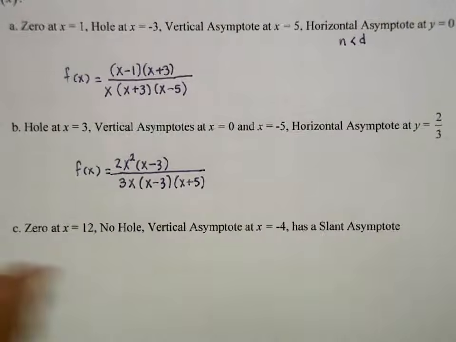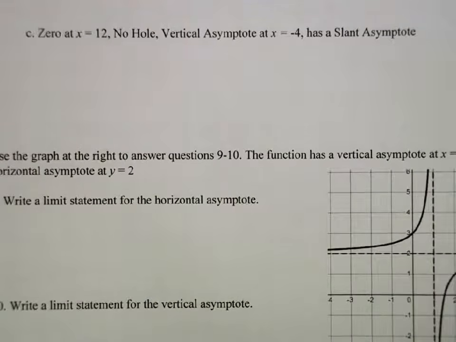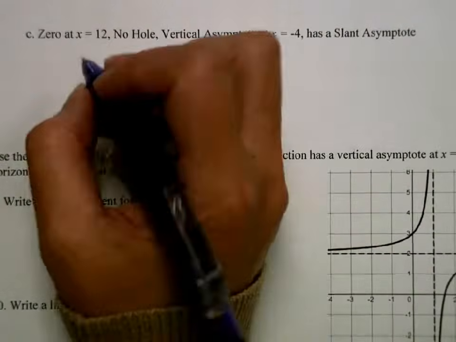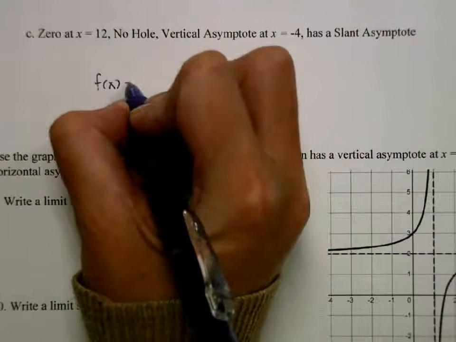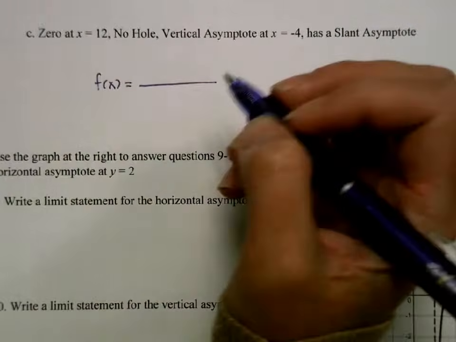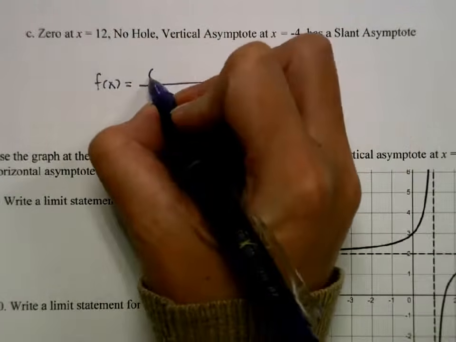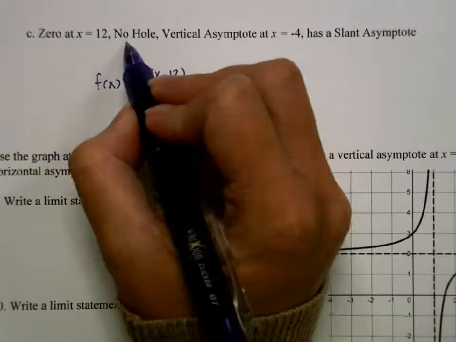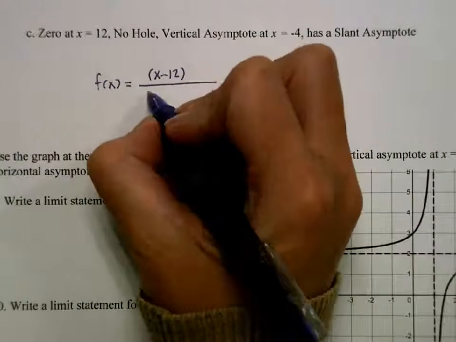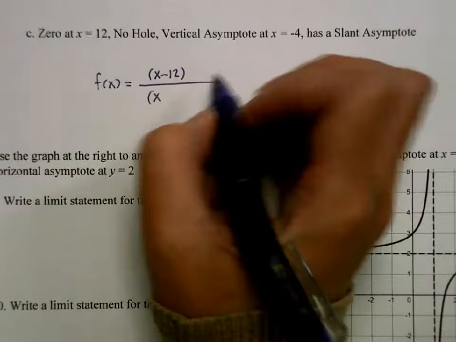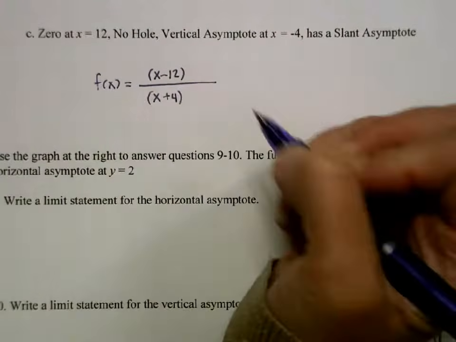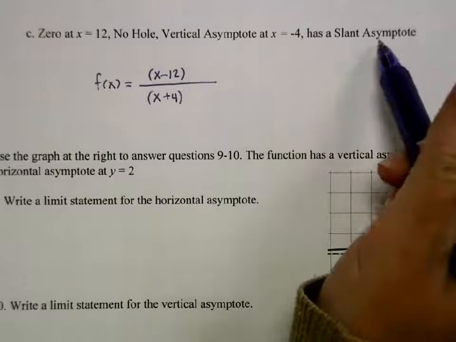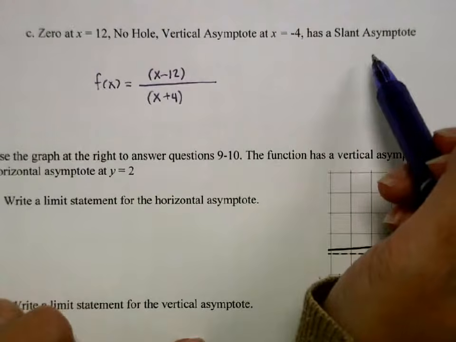Okay, I'll do one more here. 0 at x equals 12, so x minus 12 is a factor on the top, no hole. Vertical asymptote at x equals -4, so x plus 4 is in the bottom. And it has a slant asymptote, which means the degree of the top is exactly 1 higher than the degree of the bottom.